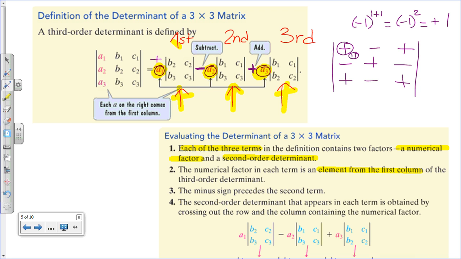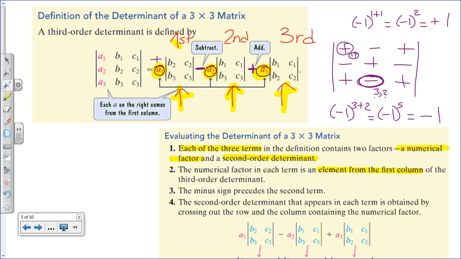Now, if we look at this one, for example, that element is in the third row, second column. So if we add 3 plus 2, we have negative 1 to the power 3 plus 2. That gives me negative 1 to the power 5, which is equal to negative 1. So that is why we use that negative sign.